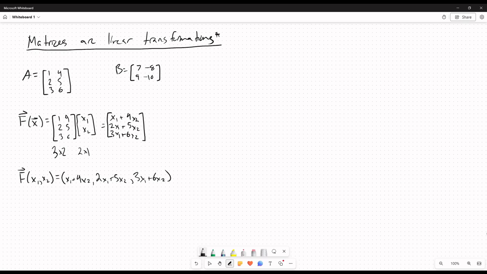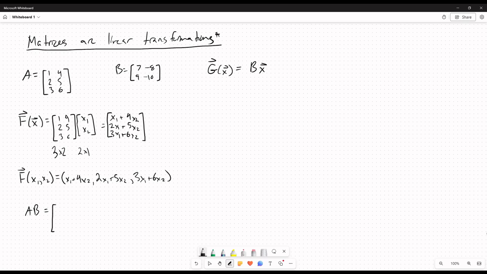We also have another key fact about these things. Let's say that B was represented by the function g of x, which is B times the vector x. Well, if you take the matrix A, B, that gives you a new matrix. What does that matrix equal? Well, we can do some little multiplication.